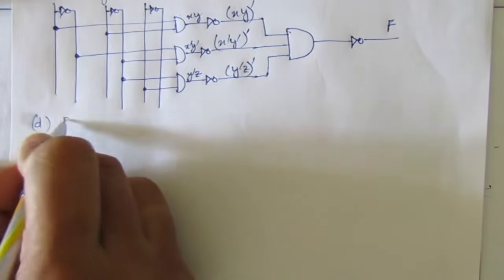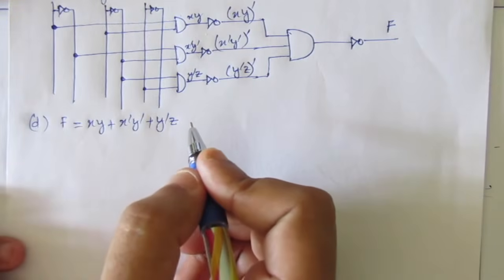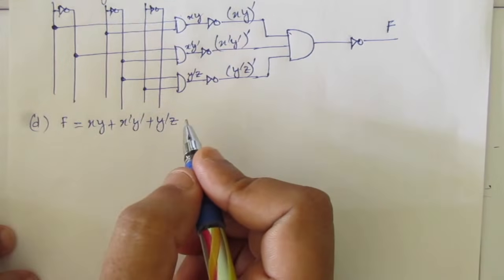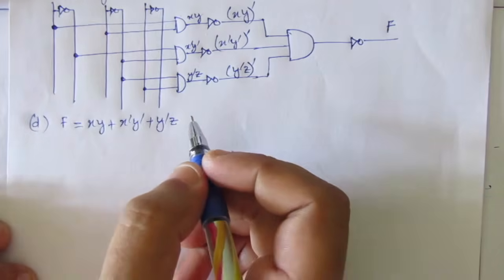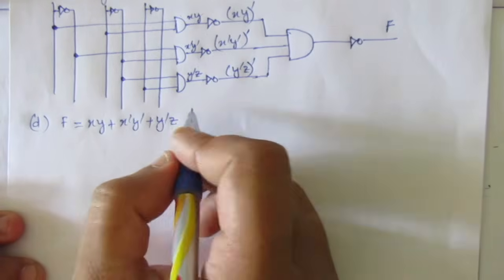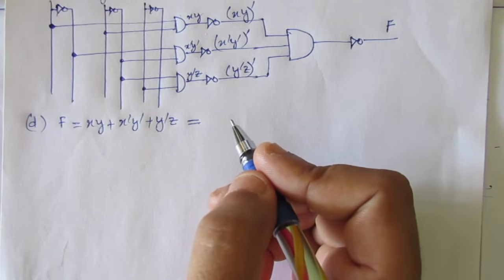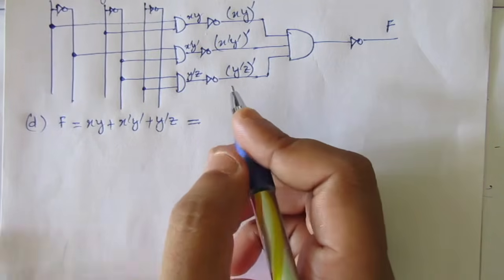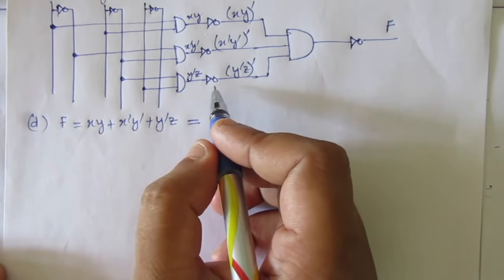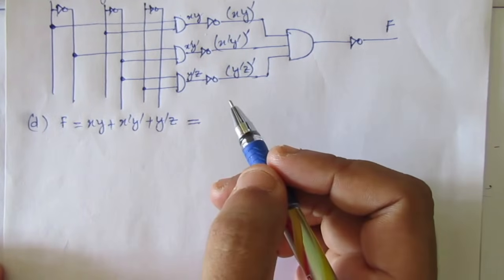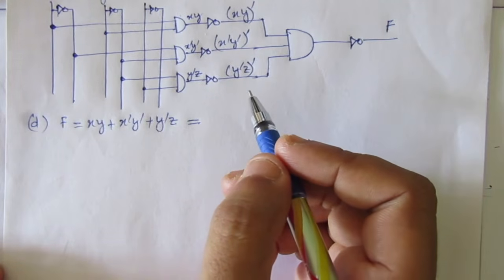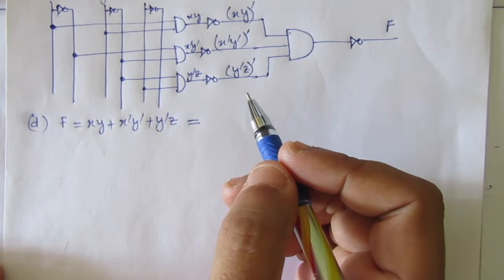So the function is the same. Draw the logic diagram using NAND gate and inverter gates. In this case we can use NAND gate and inverter gates. We can continue with the previous part. In the previous part we saw that an AND gate followed by a NOT gate is nothing but a NAND gate.